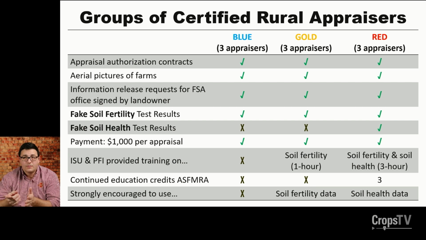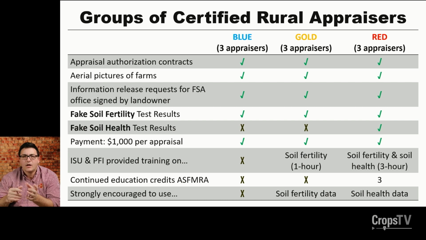Only one group, the red group, also received fake soil health test results, so a more detailed analysis of soil health metrics. And they were all paid $1,000 per appraisal. And we provided, along with Practical Farmers of Iowa, training on soil fertility for the gold and red teams, but only training.